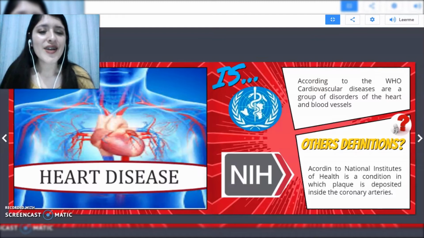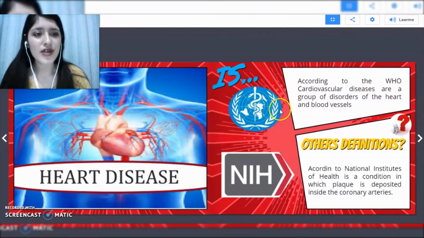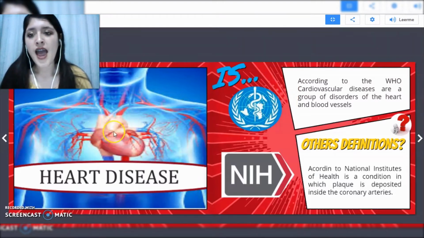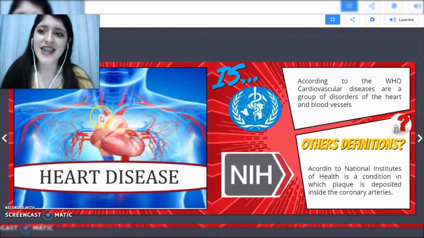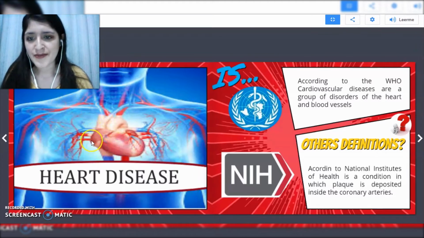According to the World Health Organization, cardiovascular diseases are a group of disorders of the heart and blood vessels. And the National Institutes of Health define this as injury or disease in the main blood vessels of the heart.